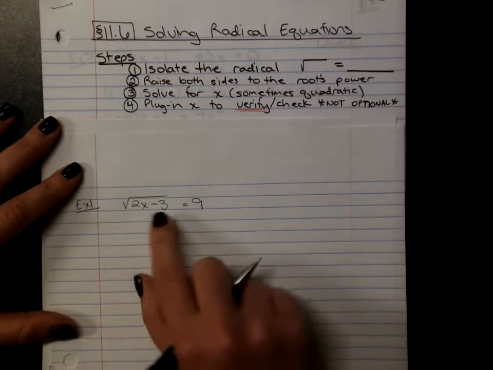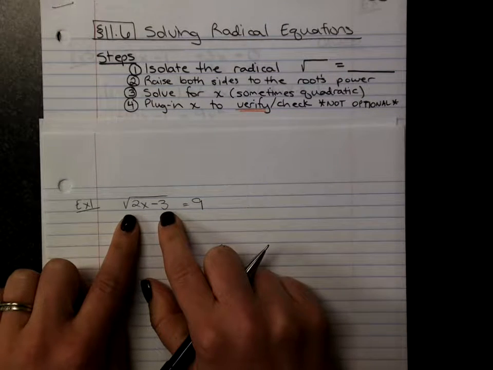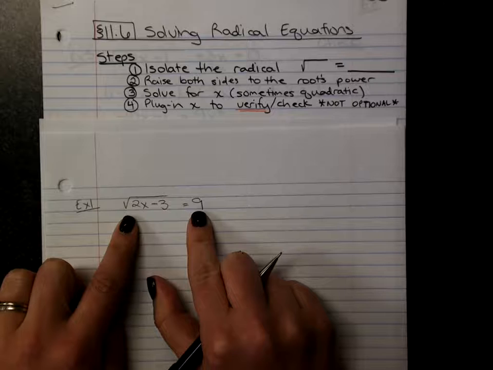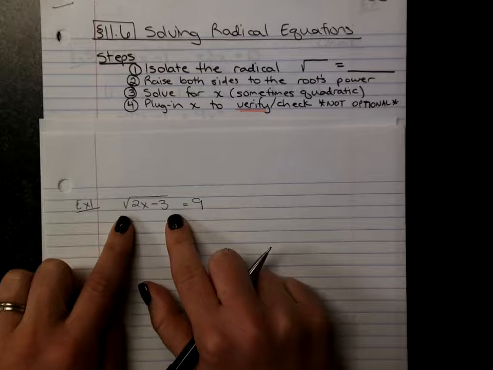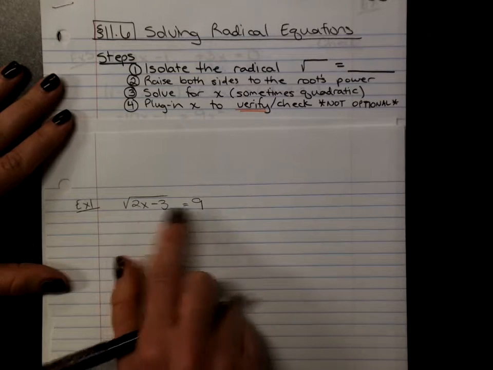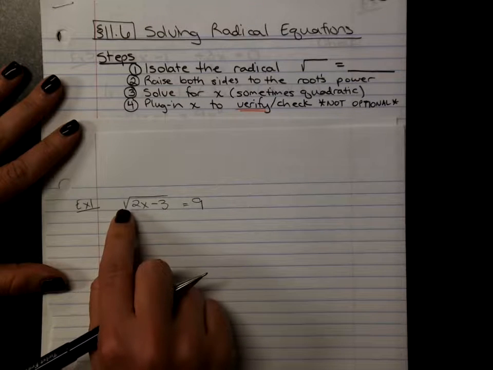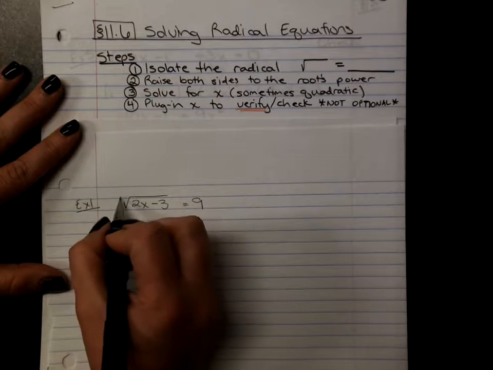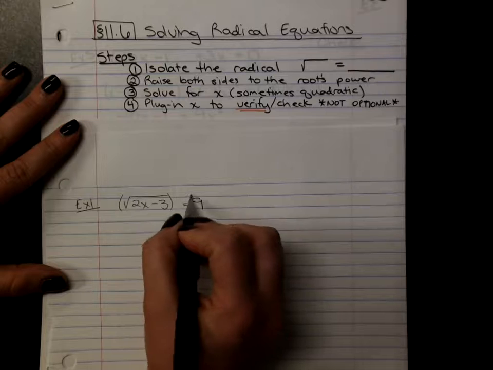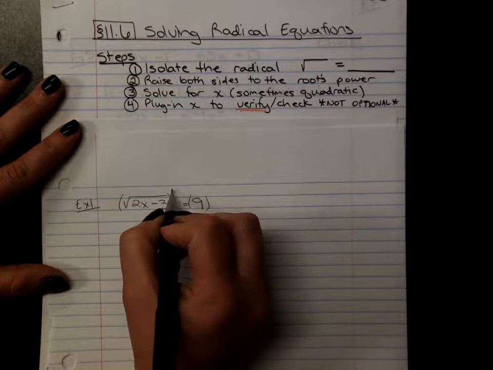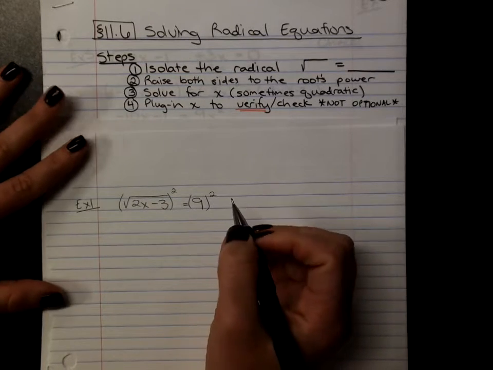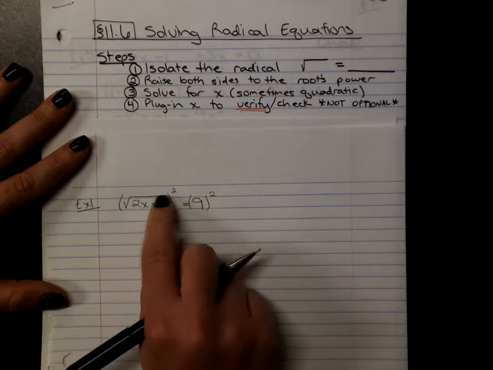So if you look, everything that's under the square root is by itself and it equals everything else. There's nothing else around the radical. Once that's the case, you're going to undo the radical. So you put parentheses around both sides. It's a square root, so we're going to square both sides. What that does is it undoes the radical.